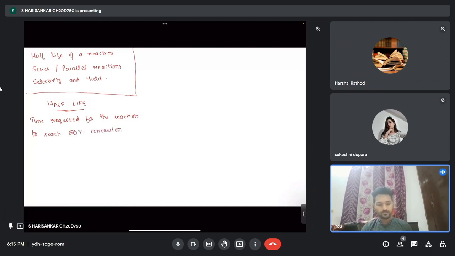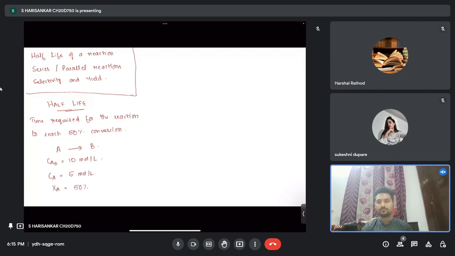So let's say we have a reaction A gives B, and let's say the initial concentration of A, Ca0, is 10 mole per liter. The time required for this reaction to reach a point where the concentration of A will become 5 mole per liter, that means the conversion is 50%.